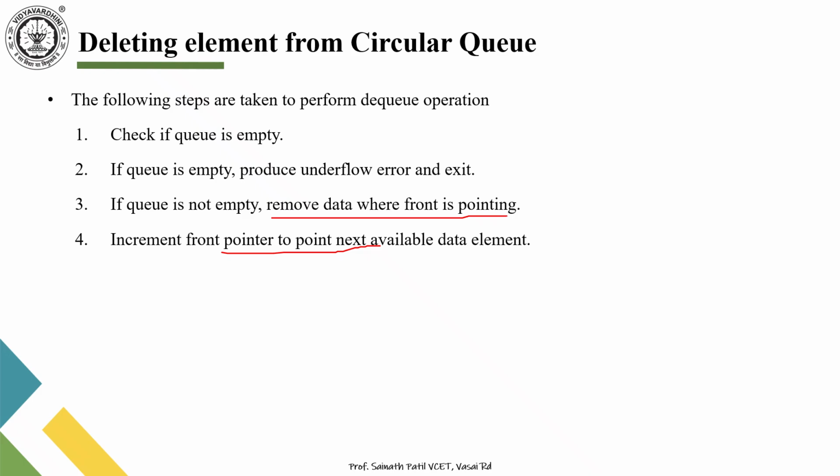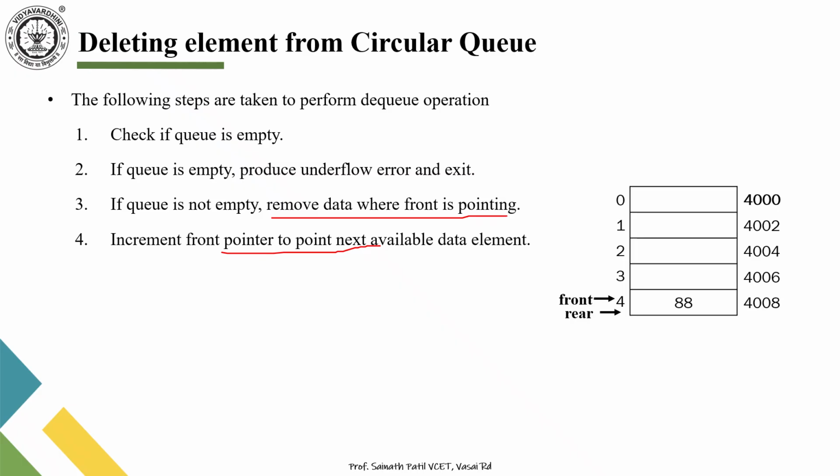We need to consider different situations. One situation is that front is pointing to the only element, where both front and rear may be pointing. Here I have considered it pointing at both locations. It may point anywhere, for example one, that means both front and rear.